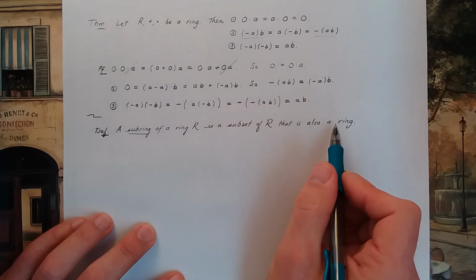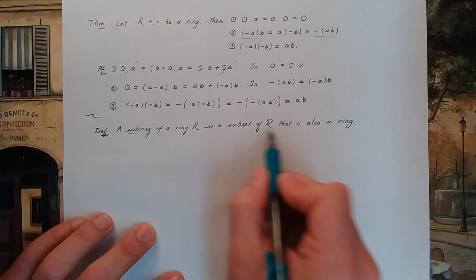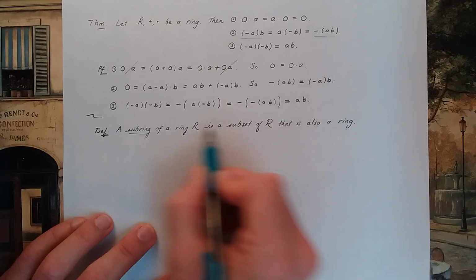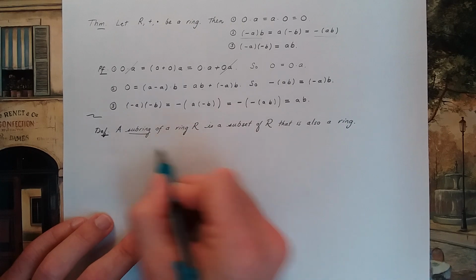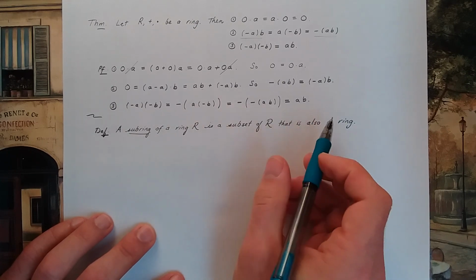In particular, you have to have the two binary operations plus and times be closed on your subring.